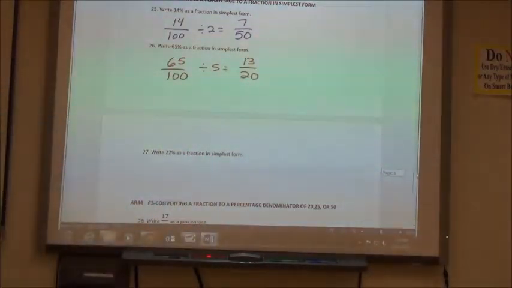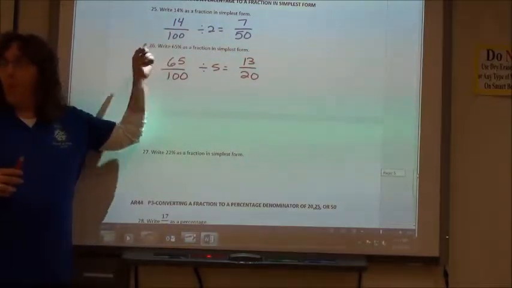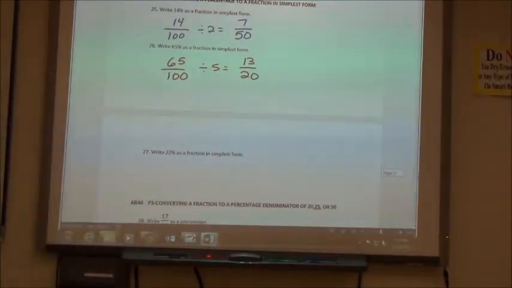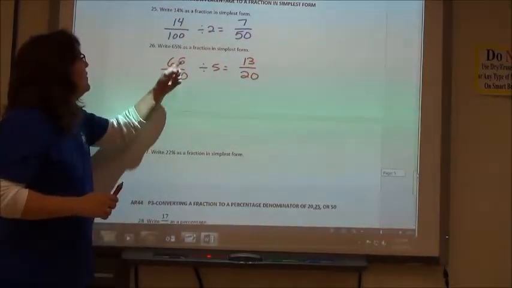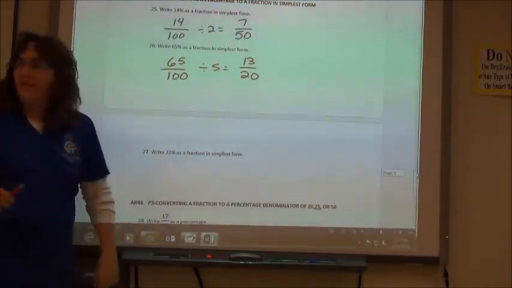What do you get when you take 13 divided by 20? 0.65, right? 13 divided by 20 should be 0.65. Are we not getting that? You're looking at it. I didn't divide it, so, you know.